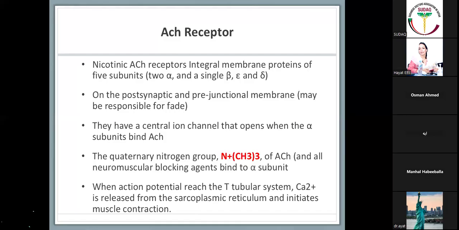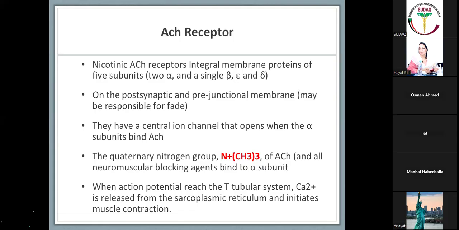So the postsynaptic receptors are where the muscle relaxants bind, but there are also pre-junctional membrane receptors. And as we will see later, these are mainly responsible for the fade when we come to the management and monitoring of neuromuscular blockade.